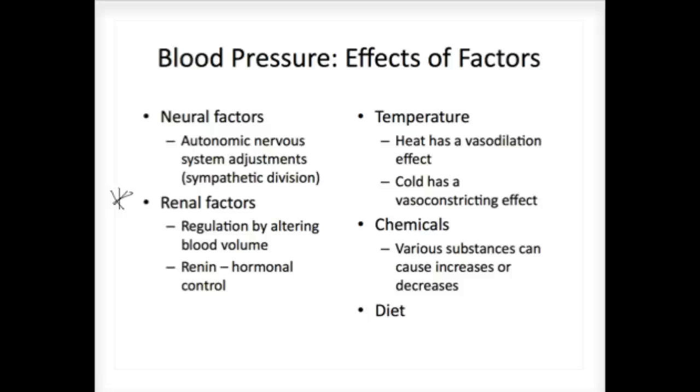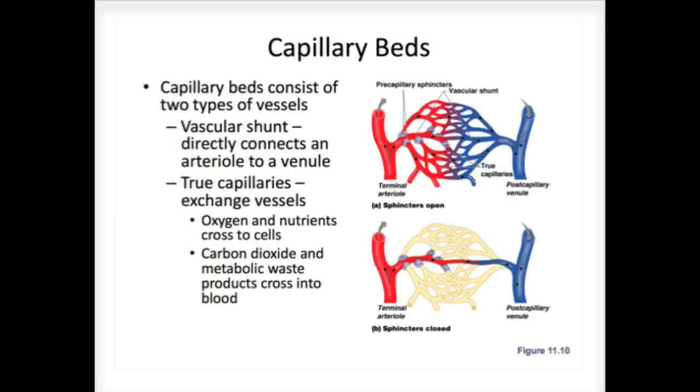Now, the next thing we're going to talk about is basically the function of the capillary beds in the body. Every cell in our body has to get adequate oxygen. We've already established that all of the oxygen in our body is carried on our red blood cells. Red blood cells are tiny, but a single red blood cell can carry up to 1 trillion molecules of oxygen.